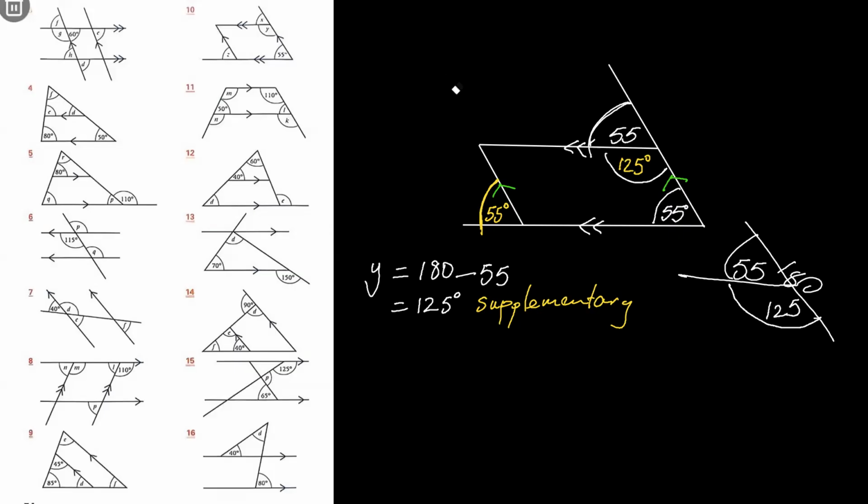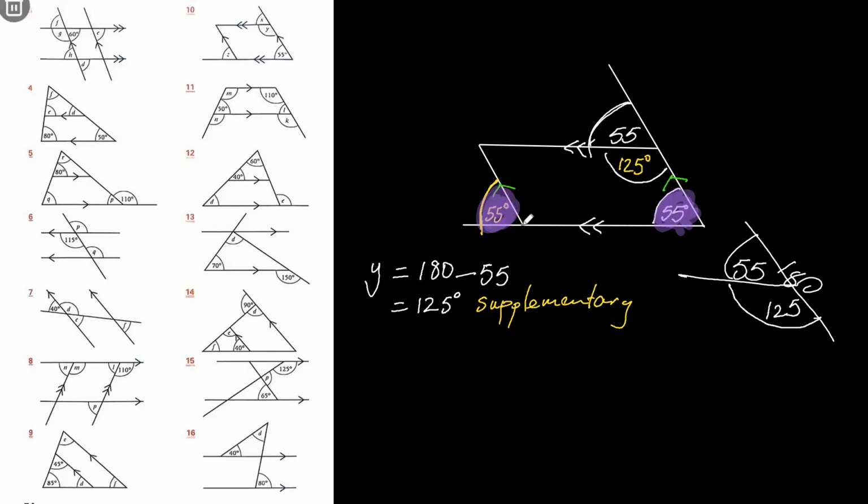All right. This corresponds. Watch out for this one, Gabriel. This is my 55, looking at corresponding. So here is my 55 on this side, my 55 on this side.